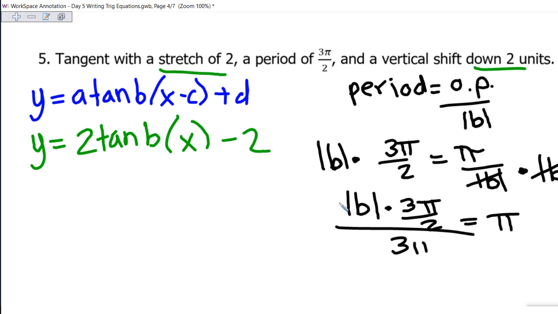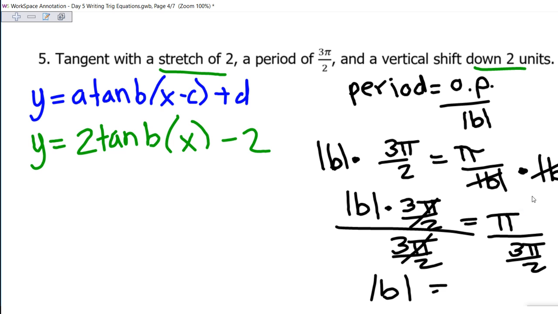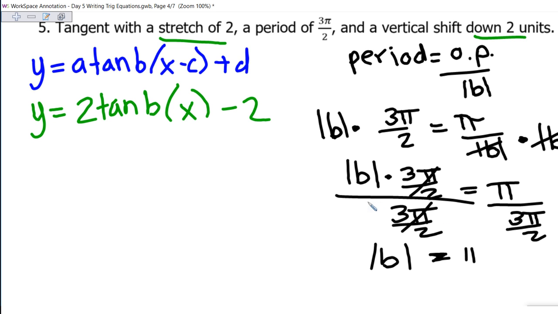Divide both sides by 3 pi over 2. So that gives me the absolute value of b is equal to, I'll leave the pi over 1, change divide to multiply, and when I multiply by the reciprocal, it would be 2 over 3 pi. Pi in the numerator, pi in the denominator, those cancel.